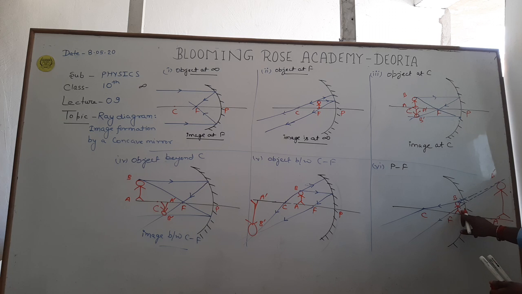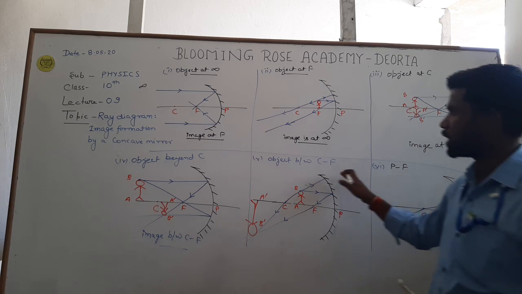This object is straight and the image is also straight. So this type of image is called a virtual and erect image. So for this condition, we get the image just behind the mirror.